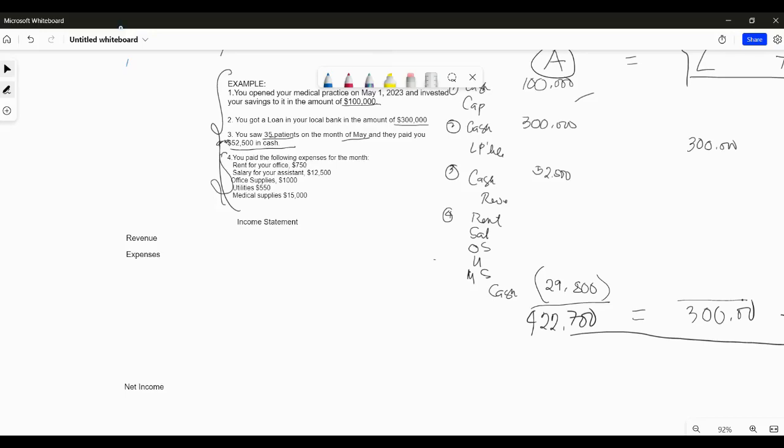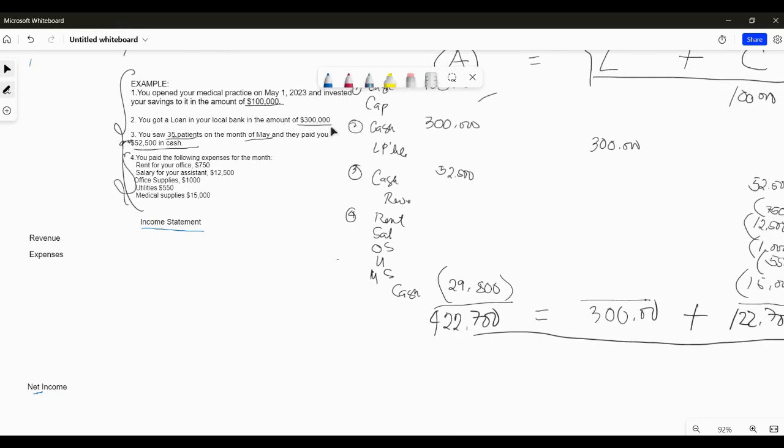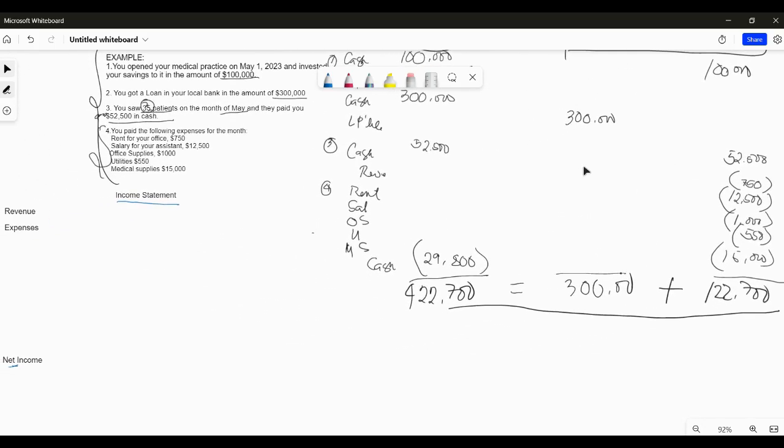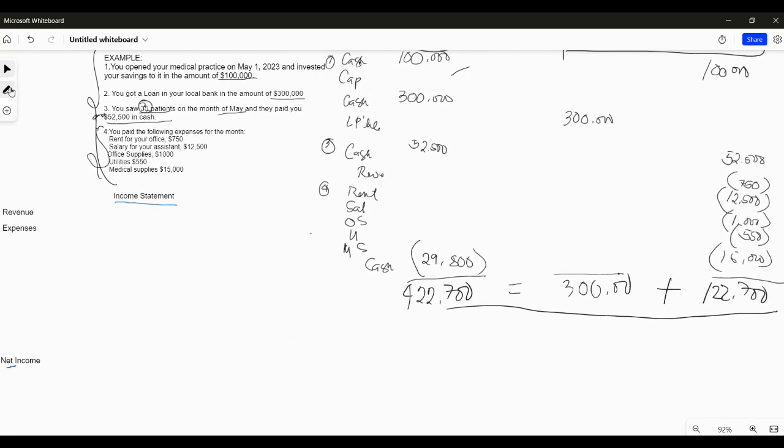Okay, so we are going to continue preparing our balance sheet. But before we can prepare our balance sheet, we have to first prepare our income statement. Basically, revenue less expenses equals net income. Our revenue is 52,500, and these are our expenses.